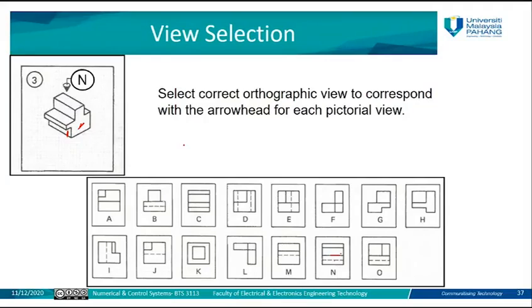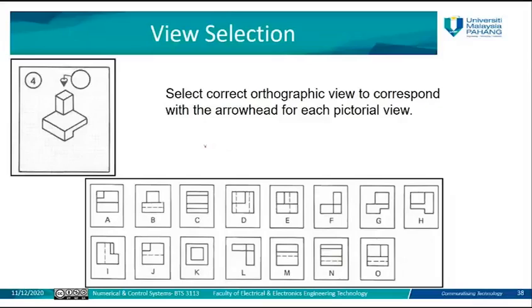This also depends on your imagination skills, how to redraw or extract the view of the drawings of the object that you have. Always draw only the thing that you see, either from the top, from the side, or from the front side.